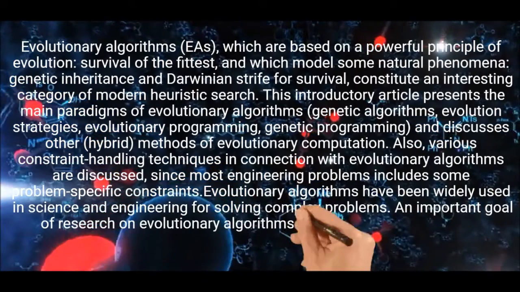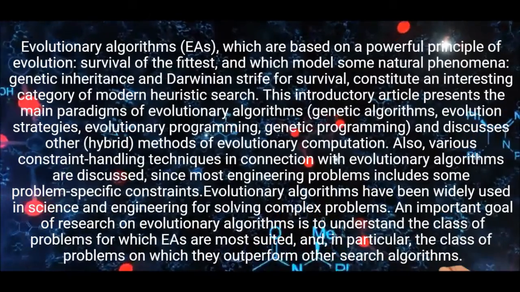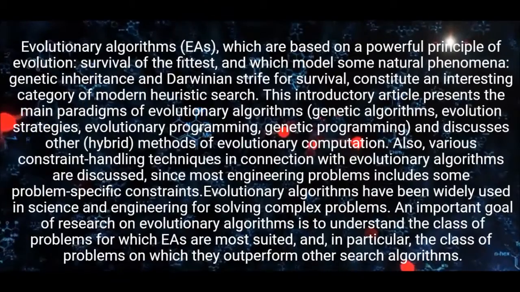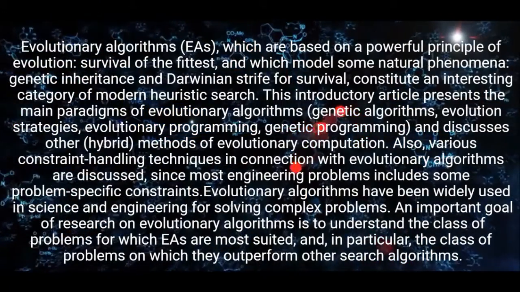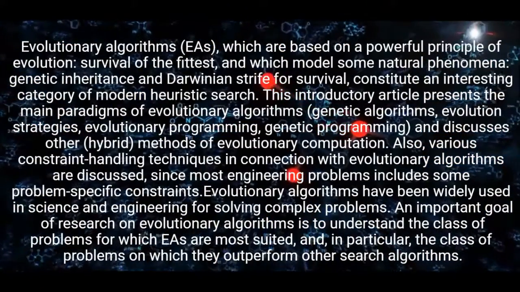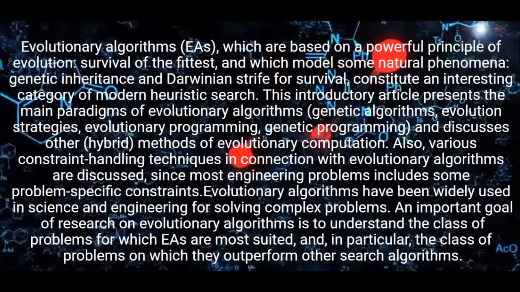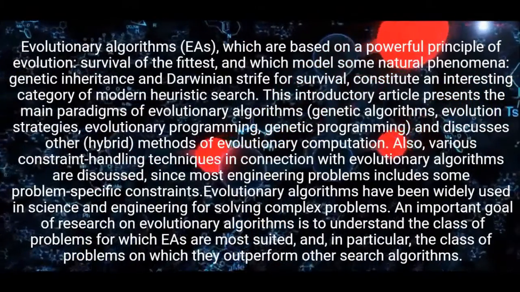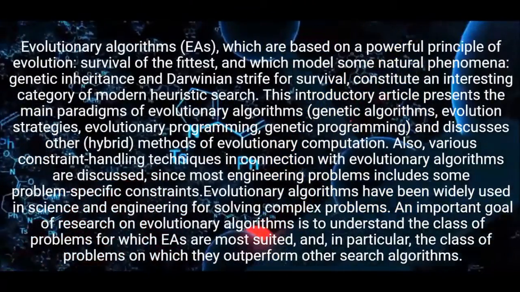This introductory article presents the main paradigms of evolutionary algorithms, genetic algorithms, evolution strategies, evolutionary programming, genetic programming, and discusses other, hybrid, methods of evolutionary computation. Also, various constraint handling techniques in connection with evolutionary algorithms are discussed, since most engineering problems include some problem-specific constraints.